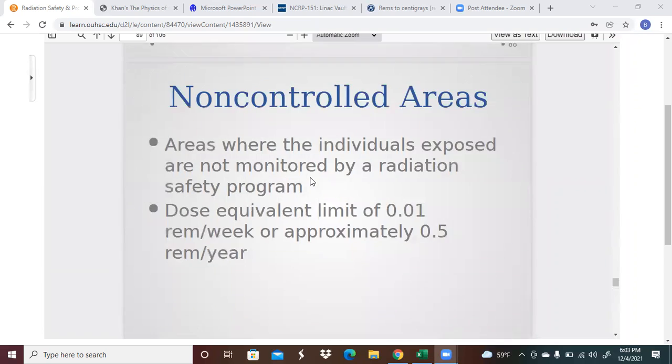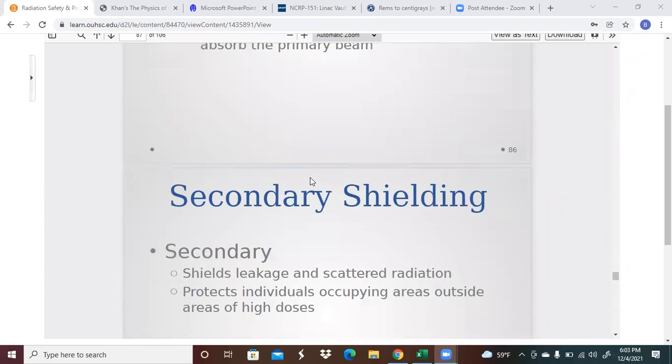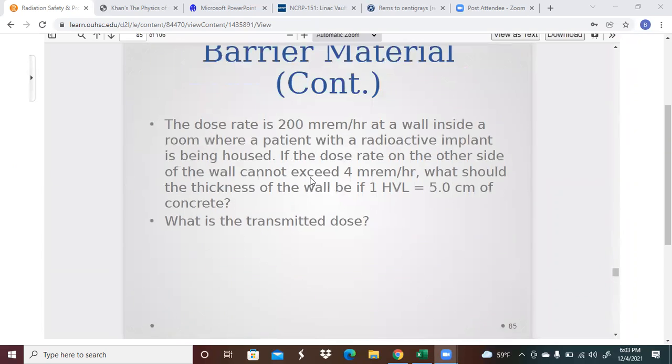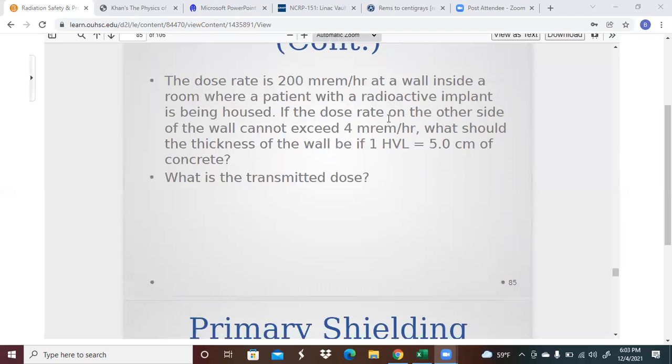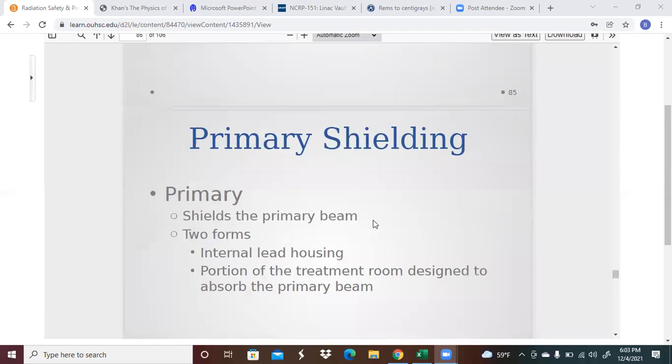Up here, if we use that 5.64, then the transmitted dose here is 4 millirem per hour if we went with that 28.2 centimeters of concrete. If we went with more, then it would be knocked down even further.